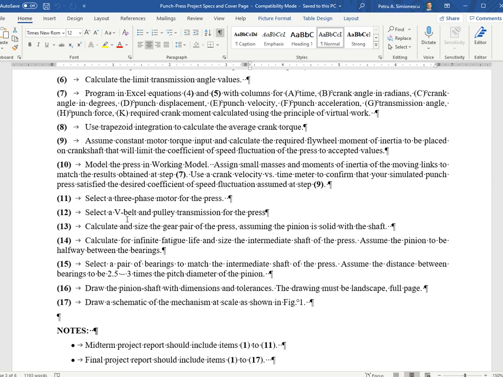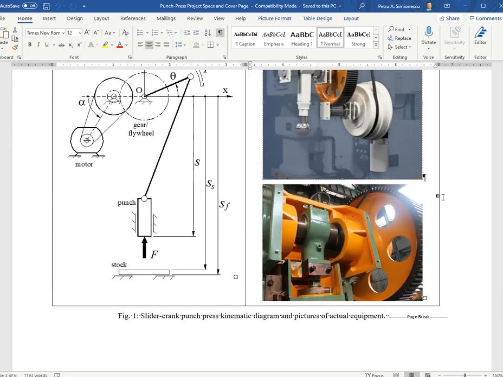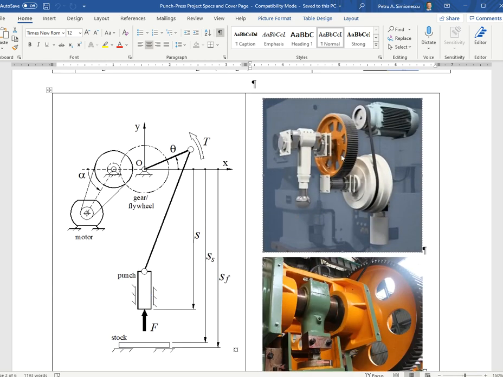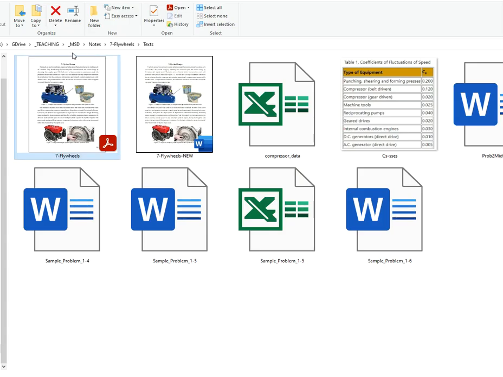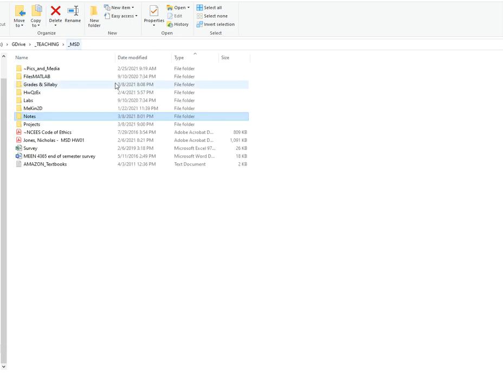Make sure the motor is not a gear motor. Make sure the motor is reasonable for the job. On the photographs of punch presses you may find on the internet, I have a few myself that I found.